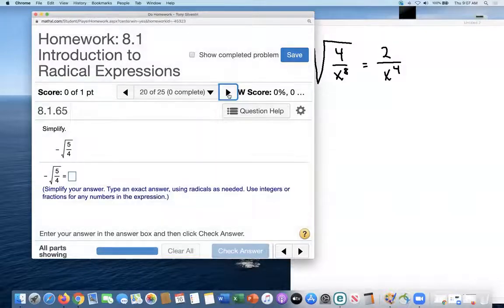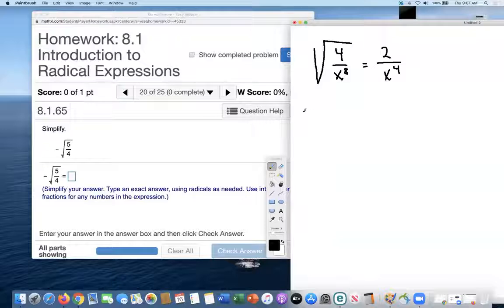What's the next one? Ooh, okay, let's take a look at this one. Negative square root of 5 over 4. The answer is going to be negative. Forget the negative. The negative is just an annoyance. But I can't do anything with 5 over 4, so live with it.